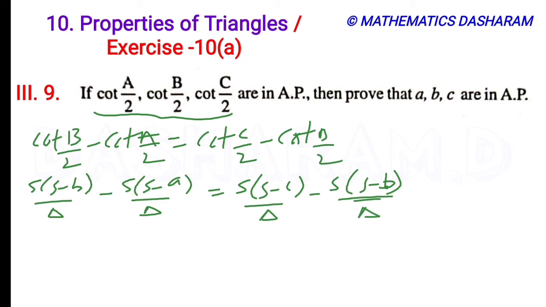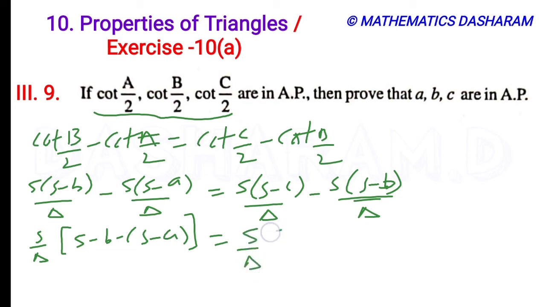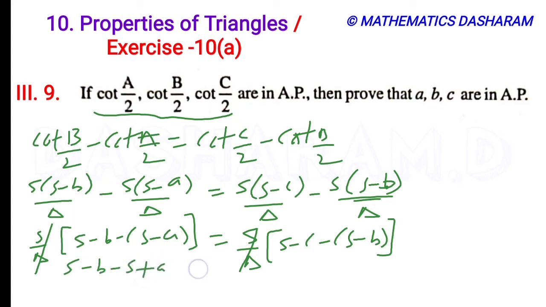So in the LHS we can take s by delta common, so s minus b minus bracket of s minus a, and RHS also s by delta is common, s minus c minus bracket of s minus b. So s minus b minus s plus a equals s minus c minus s plus b.